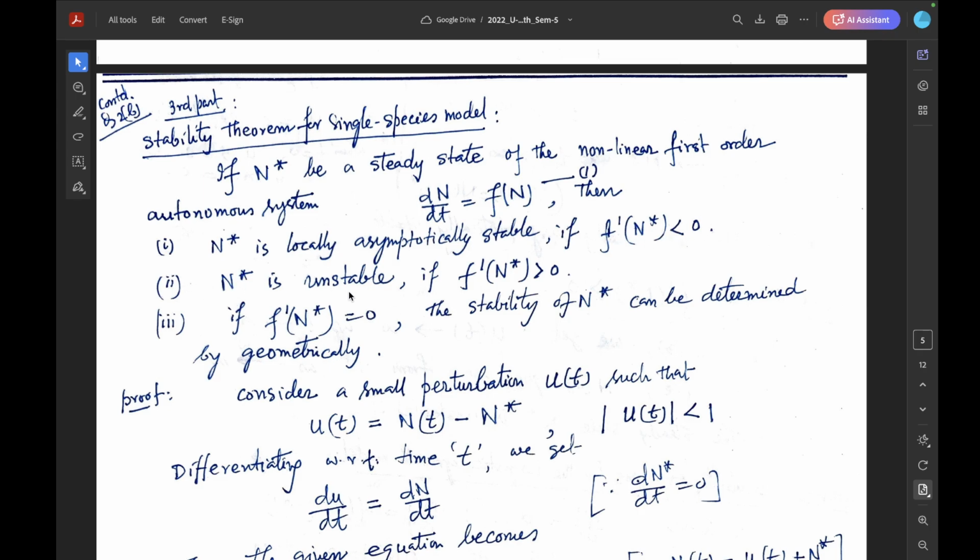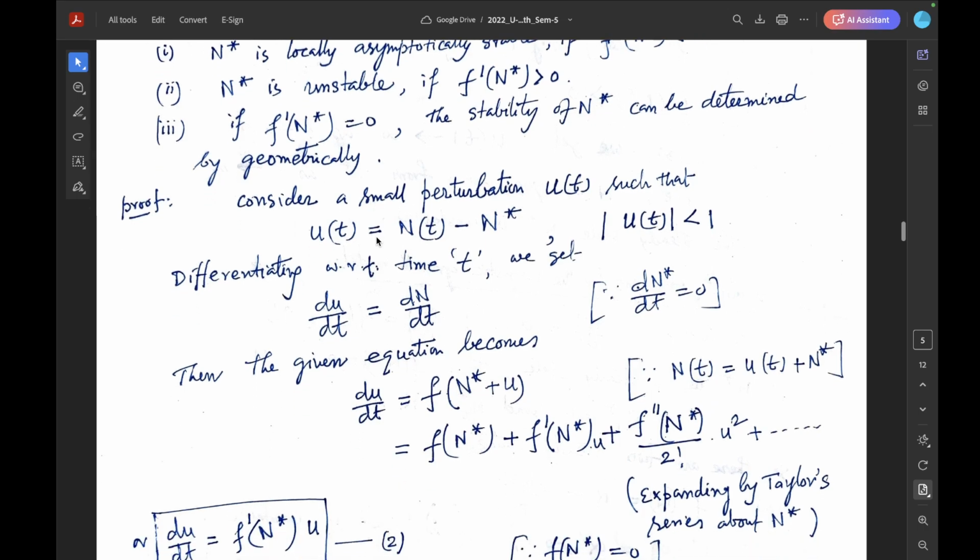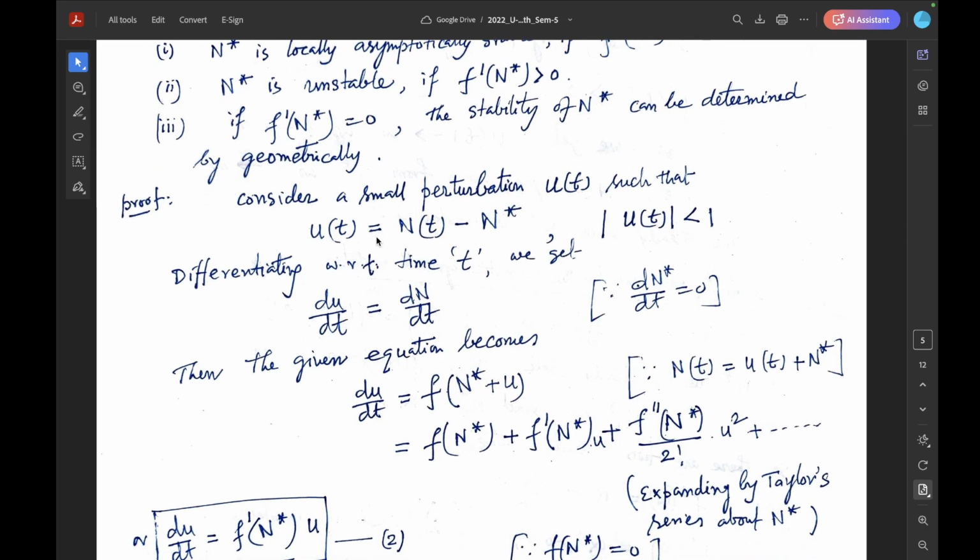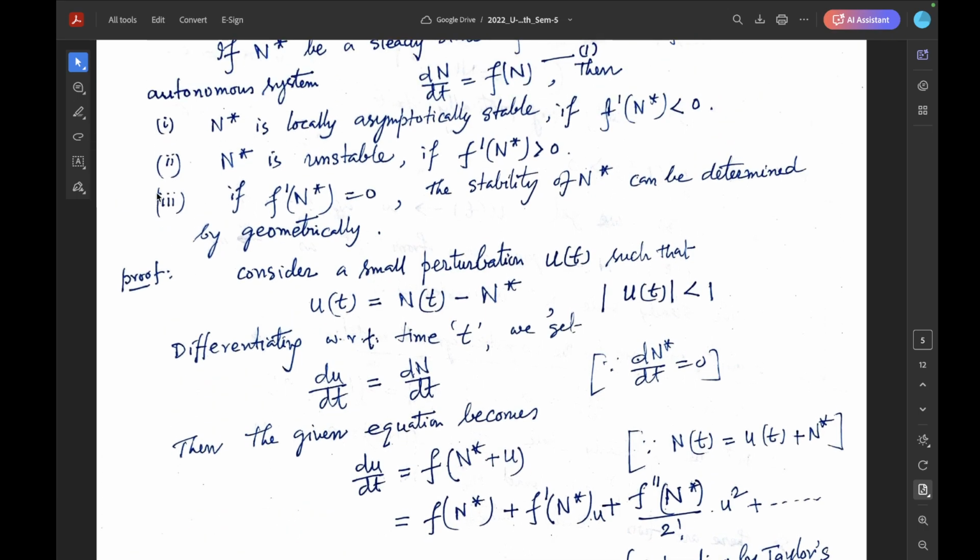Number 2, n star is unstable if f dash (n star) is greater than 0. Number 3, if f dash (n star) equal to 0, the stability of n star can be determined geometrically, but not from this theorem. So actually, this number 3 is the note, not part of the theorem.